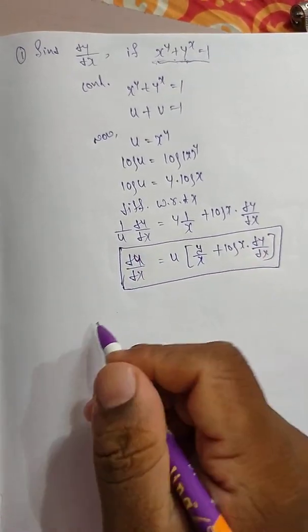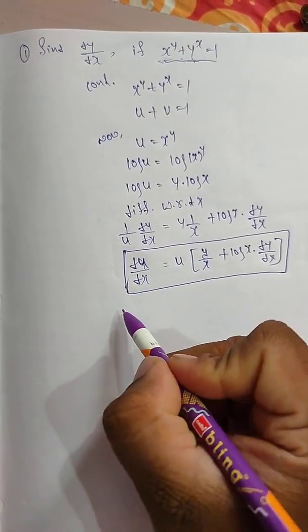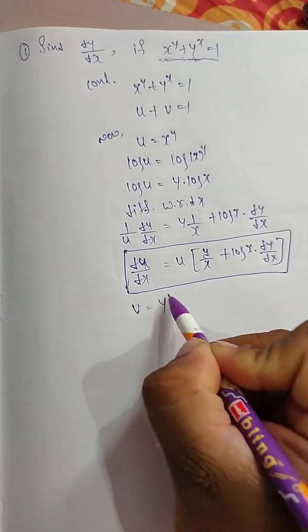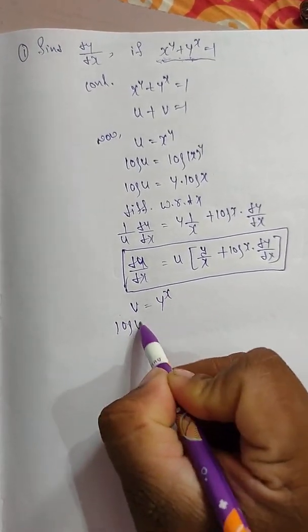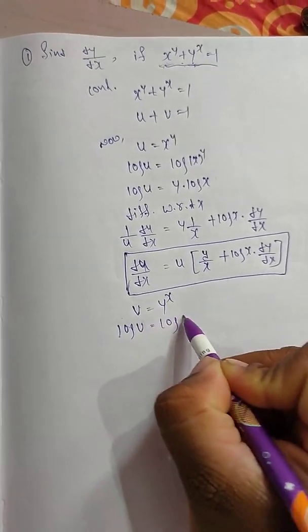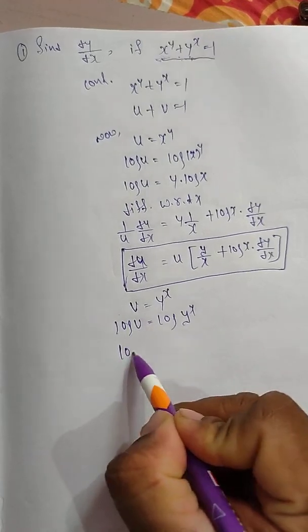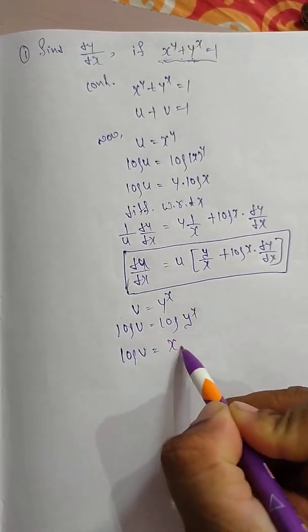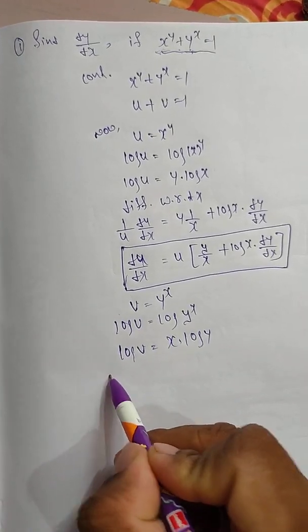Now let me take v. v is equal to y to the power of x. Apply the log on both sides. Log v is equal to log of y to the power of x. So now log v is equal to x into log y. Now differentiate with respect to x.